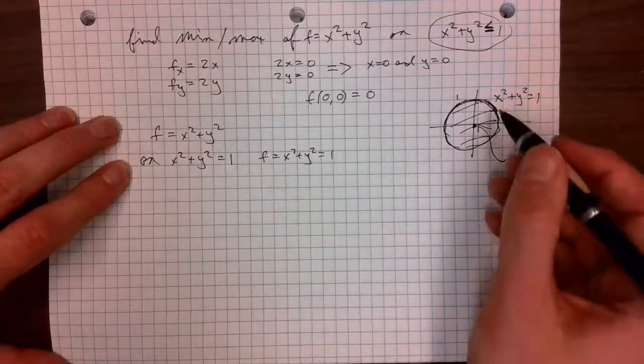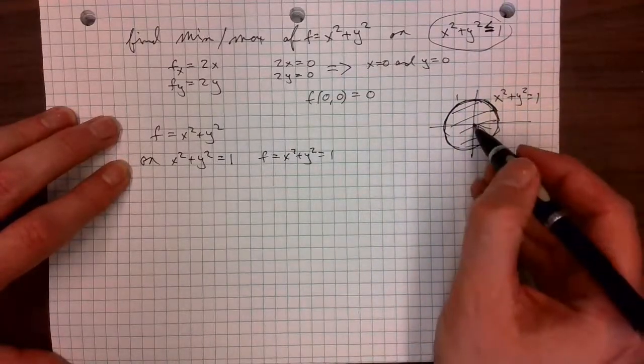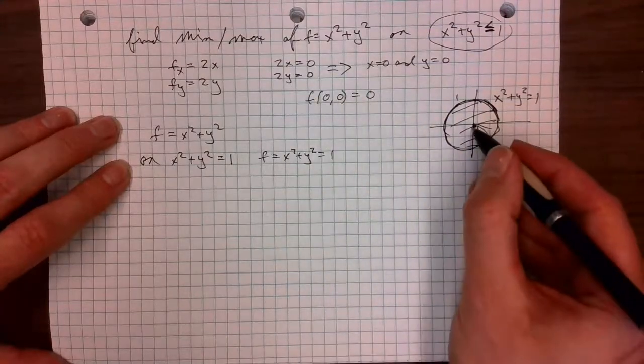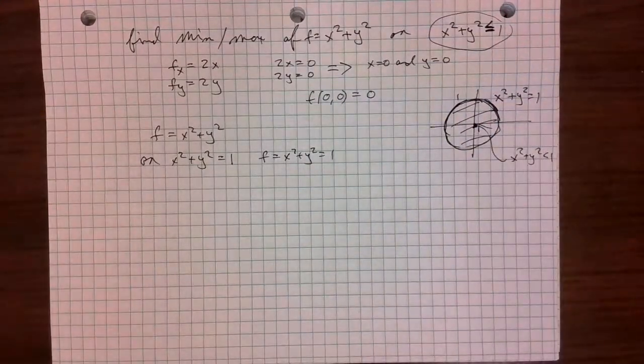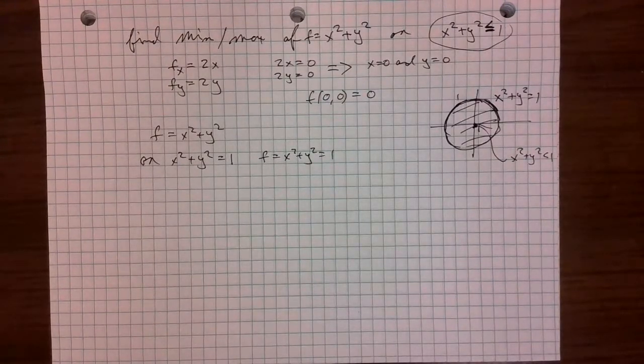So that means that it achieves a minimum at the origin, right? I didn't really have to check with the second derivative test, just like in one variable.